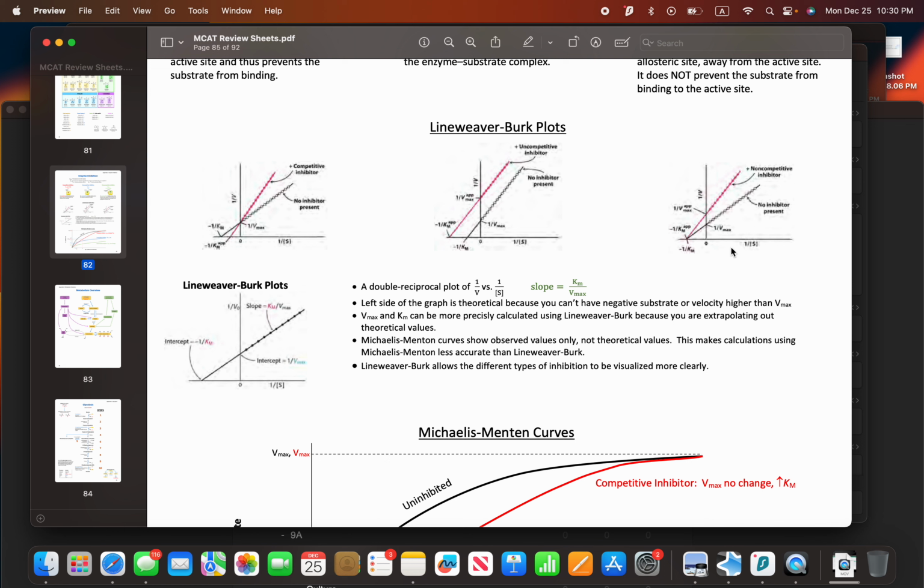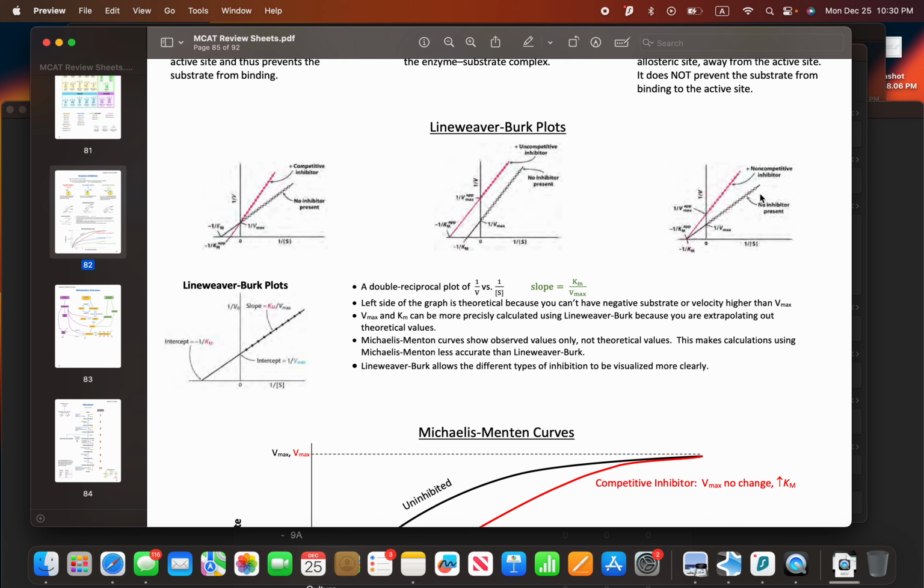How do we know that? Well, let's figure out what the slope is. Y equals mx plus b. So if it's y minus b, and then mx, then it's y minus b over x.